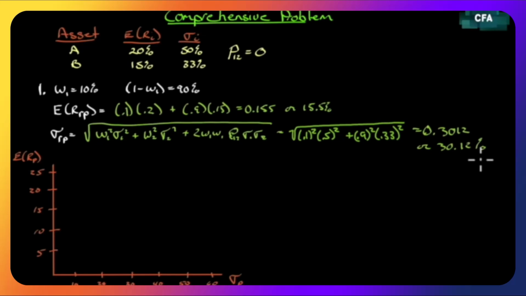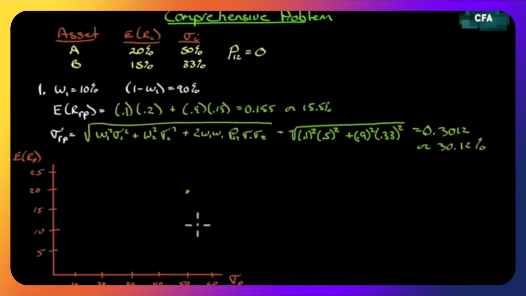So if we were going to plot these 2 points on this particular graph, well, let's find where A is. A has a return of 20%, and we can bring our ruler out here. A has a return of 20% and a standard deviation of 50%. So there's the 50%. Here's our 20%. We could draw a line right there.